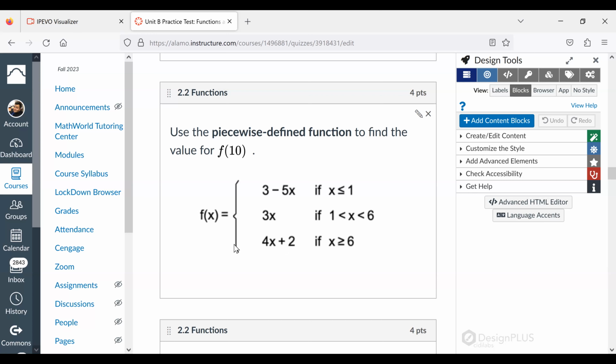So you write this down, given f of x is equal to... Okay.